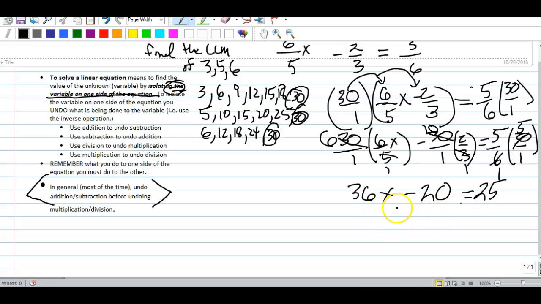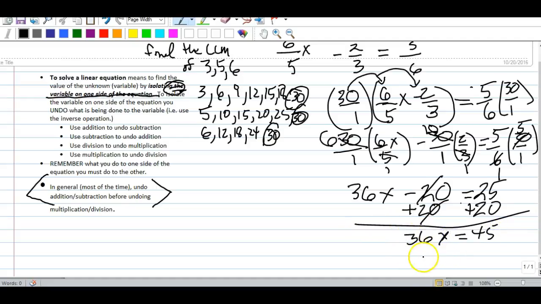Now it becomes a much easier problem to solve because I don't have to deal with fractions. So I'm going to add 20 to both sides of the equation. The plus 20 and the minus 20 cancel each other out. This would be 45 on the right side and 36x on the left side.